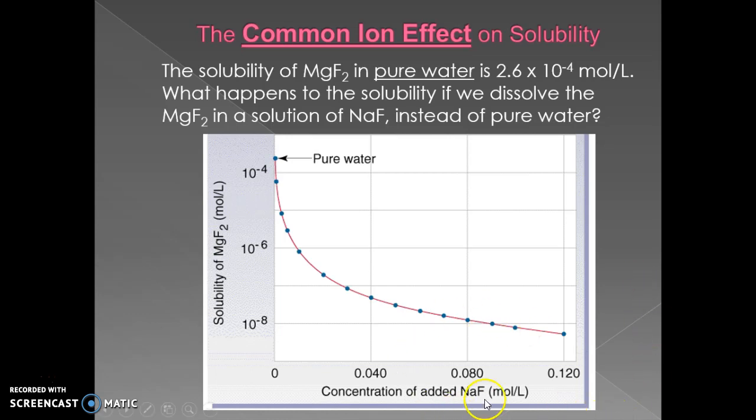So the more common ion is already in solution, notice that what happens is the solubility of the magnesium fluoride decreases. So the more F minus that's already around, the less of this is going to dissolve. And hopefully that makes sense if you think about Le Chatelier's principle. If I already have F minus around, it's going to drive the reaction back to the left.